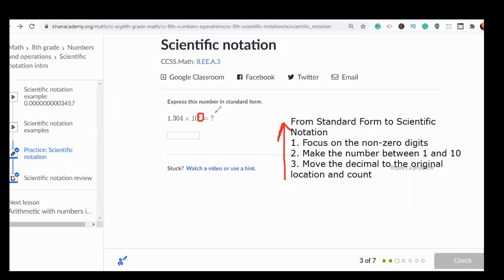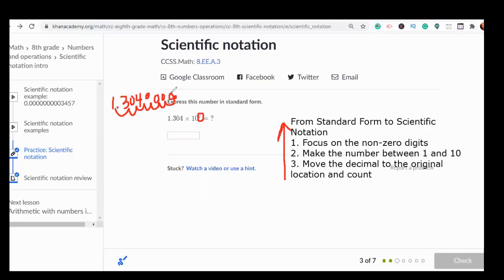So since this 7 is positive, we would be moving it from right after the 1, we're going to be moving it 7 places to the right. So move and count. 1, 2, 3, 4, 5, 6, 7 would end up right here. And now we're not necessarily making the number be between 1 and 10, but we are going in and filling in the zeros.